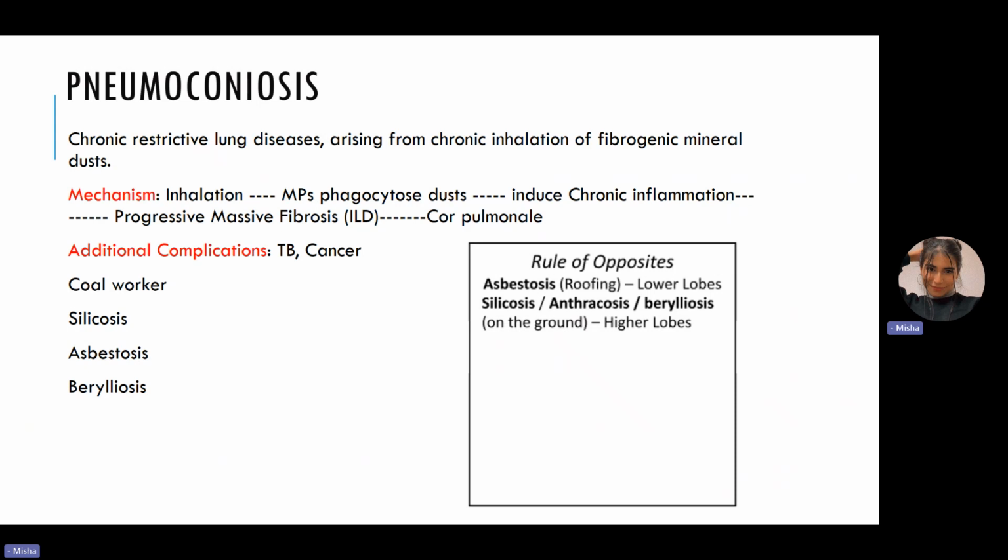It's caused by carbon dust, and we can talk about anthracosis. Anthracosis is very normal, present in every patient. Anthracosilicosis is a massive exposure and can lead to black lung, for example. This is a complication. Then we have silicosis, which is caused by silica, and we know that we have these quartz that are present, which lead to it.